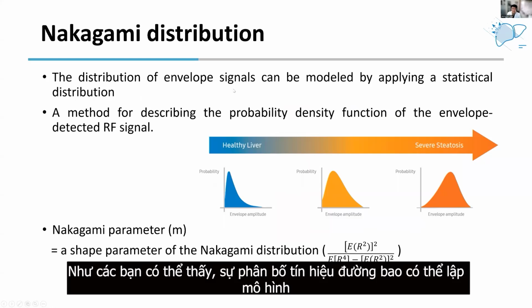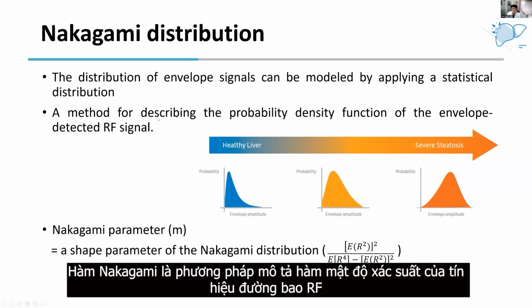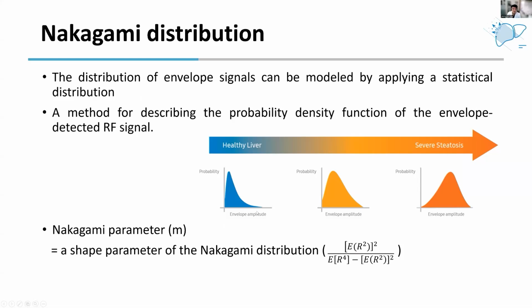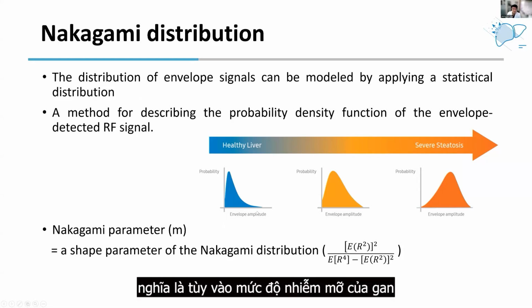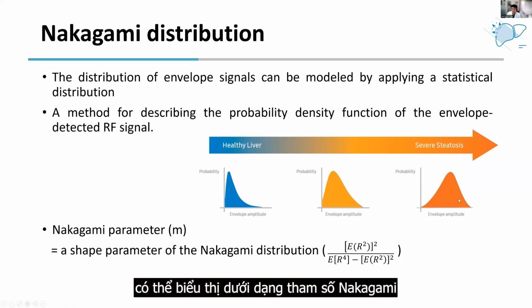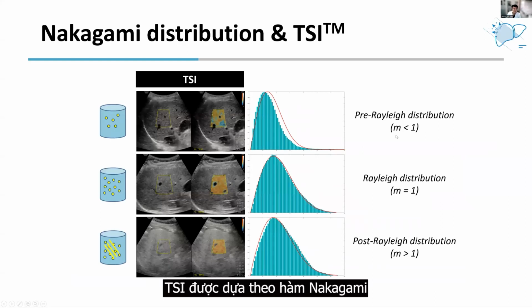The distribution of envelope signals can be modeled by applying statistical distribution, which is Nakagami distribution. Nakagami distribution is a method for describing the probability density function of the envelope-detected RF signal. It can vary according to the concentration of the scatterers, that is according to the degree of steatosis in the liver. And the shape of the envelope distribution can be presented as a Nakagami parameter. TSI is based on Nakagami distribution.